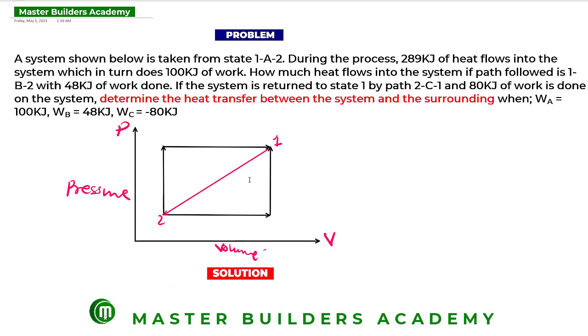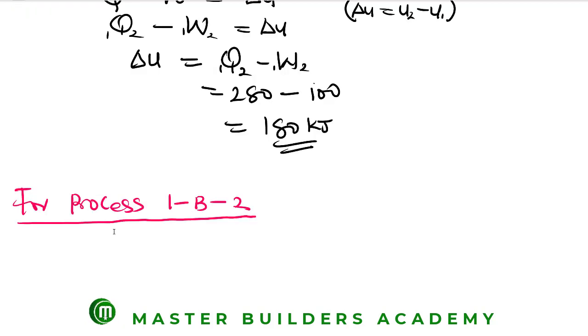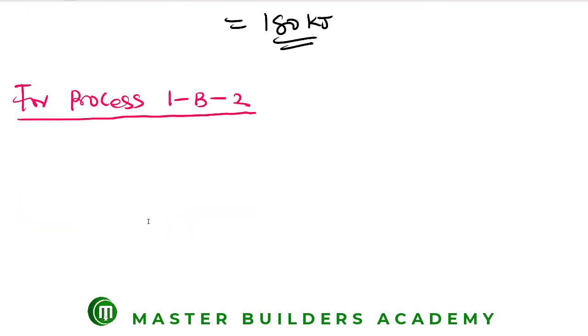As you can see from here, we are given the work done. So we have process 1 to B to 2. In this process, again, we were given work done. We now know our internal energy, right?